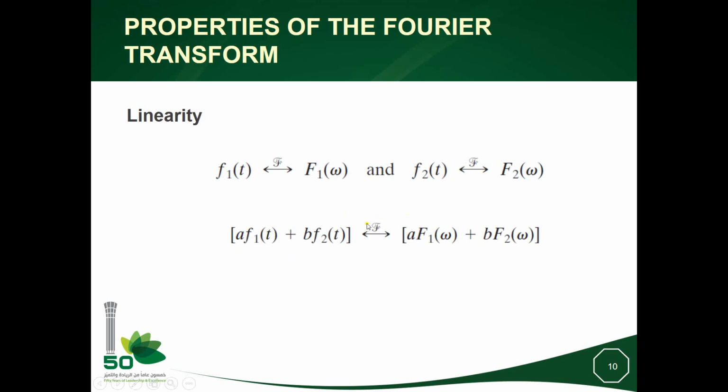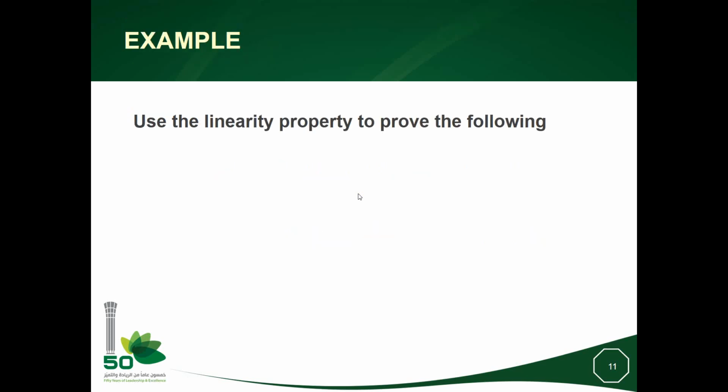What should their Fourier transform be? Since I have an integral, the integral of the sum will be the sum of the integrals, which results in a F1 of omega, capital, plus b F2 of omega, where F1, F2 are the Fourier transforms of f1 and f2 respectively.